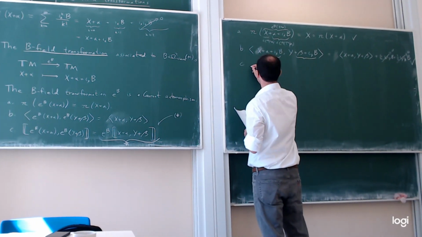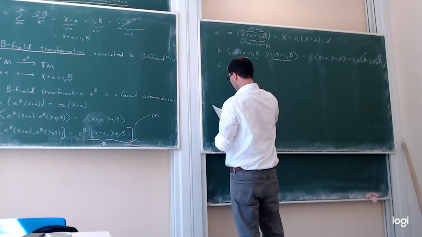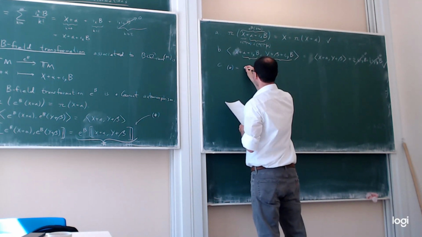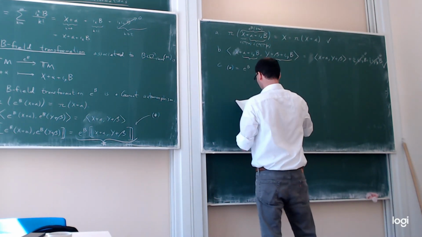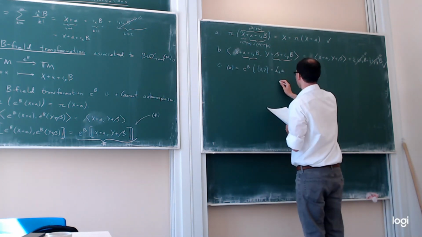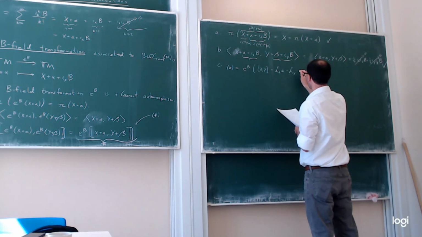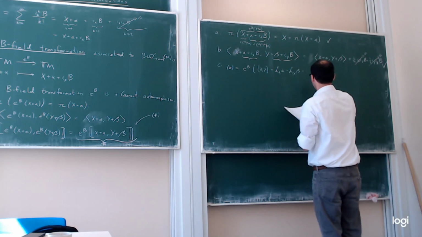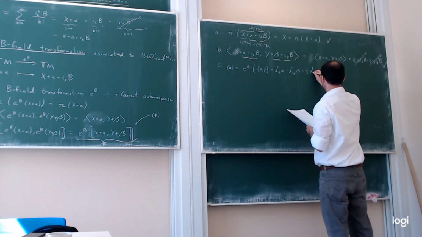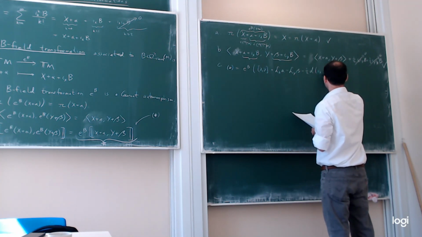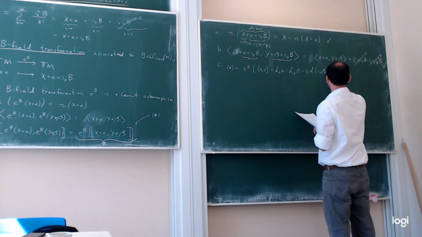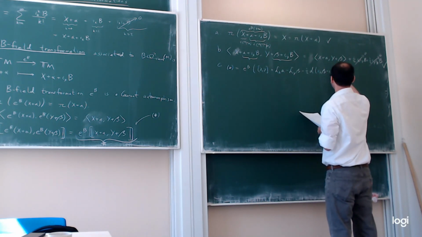And then note that star is equal to the B field transformation applied to the Courant bracket, minus L_y beta minus 1/2 the exterior derivative of the interior product of x with beta minus the interior product of y with alpha.